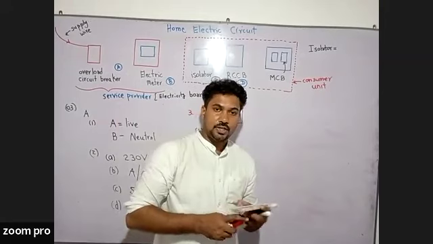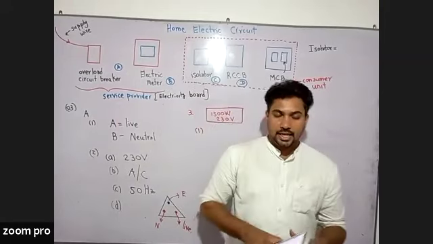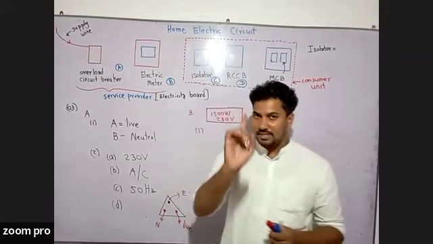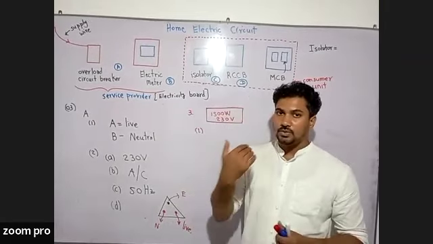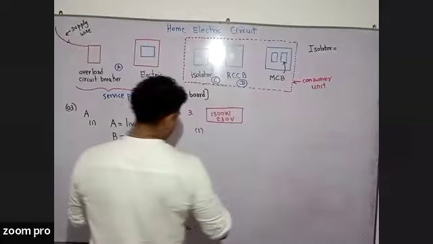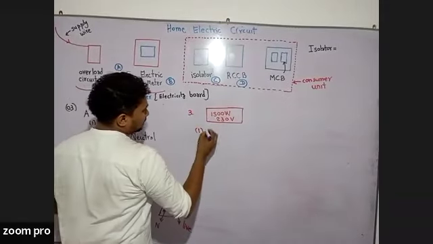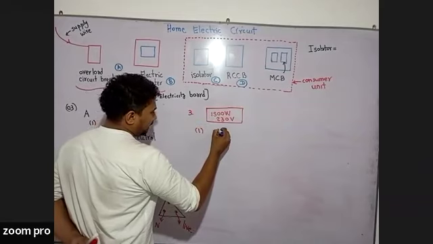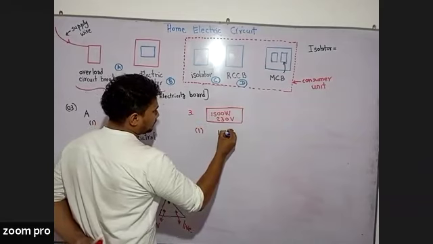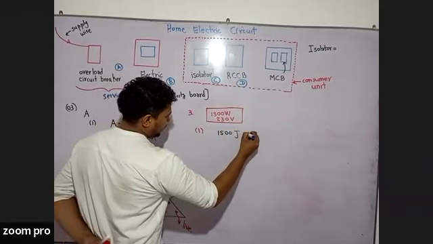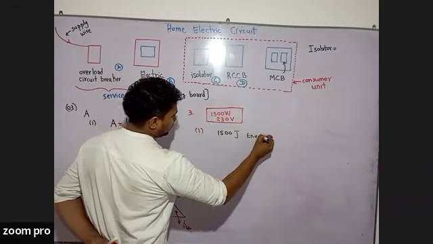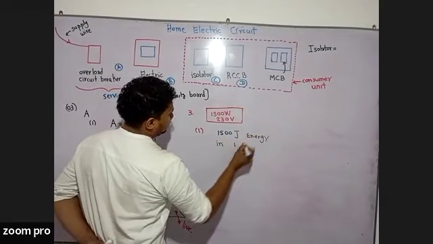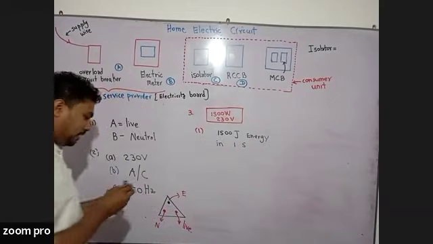Okay, 1500 watt means the energy of 1500 joule is consumed in 1 second. That's the meaning of this watt, right?